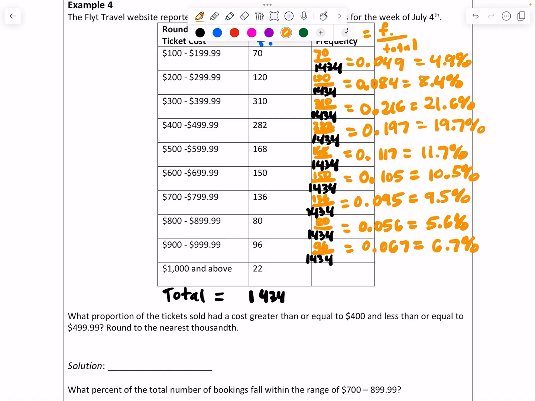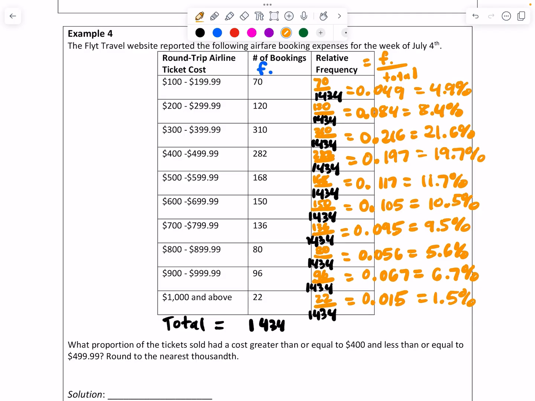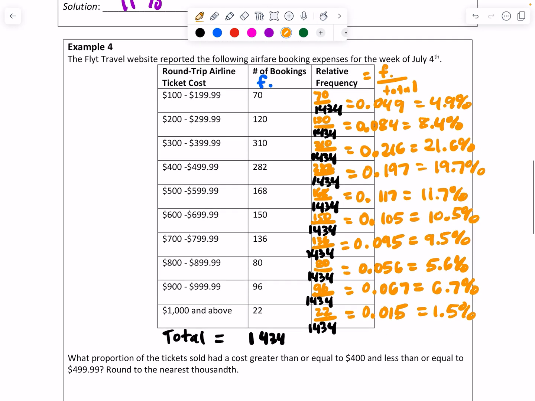And last one, 22 divided by 1,434 is 0.015. So that'd be 1.5%. Whew. Seems like a lot of work, but it's just calculating. Not too difficult. Okay, so let's answer this question.